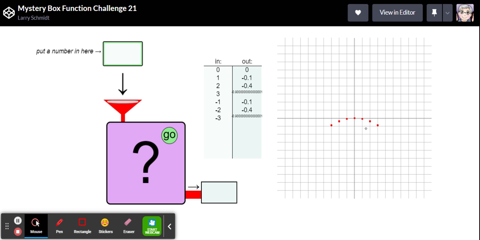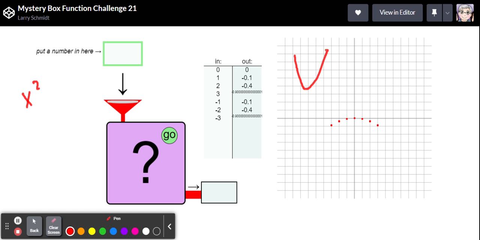The thing that we've seen that has this kind of pattern, a curve symmetrical across the y-axis, is a parabola. So that would mean there's an x squared involved somewhere, right? However, usually a parabola faces up. This one's facing down, so I think there's going to be a negative something in front of that x squared.